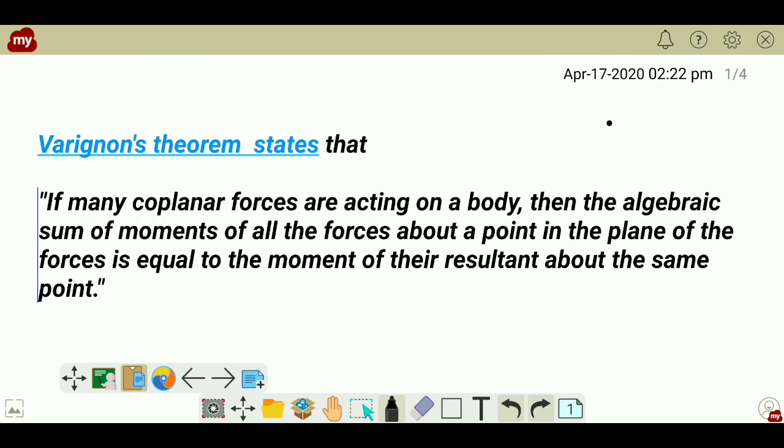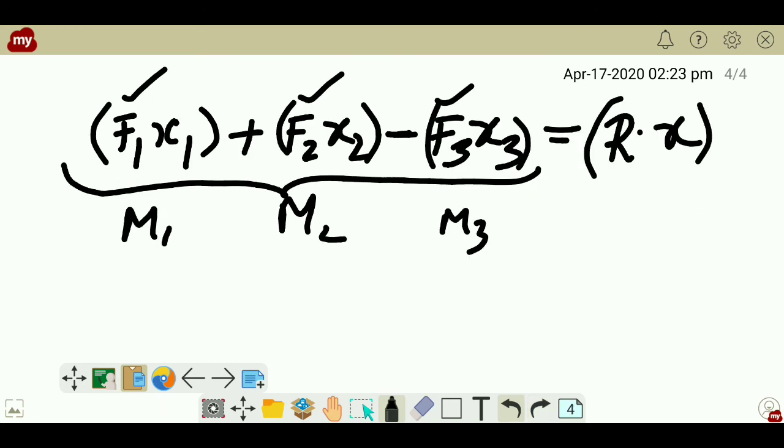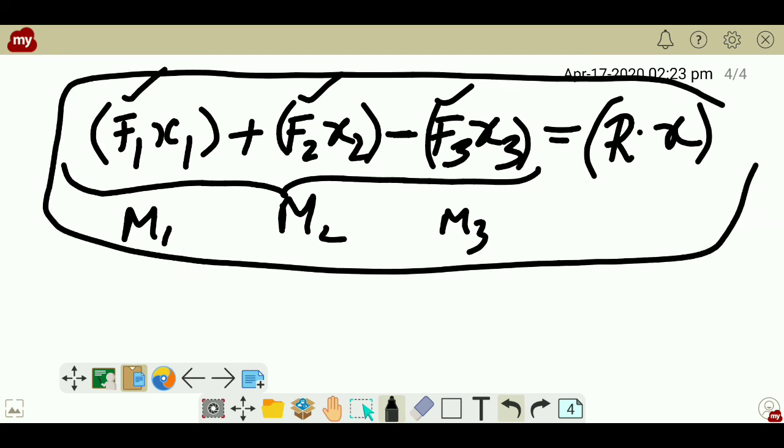According to the statement, if many coplanar forces are acting on a body, then the algebraic sum of all the moments, in the sense the moment created by F1 plus the moment created by F2 plus the moment created by F3, equals the total resultant of the forces, which is R, into the distance where it is acting. It is the moment created by the resultant, right? So this is called Varignon's theorem.